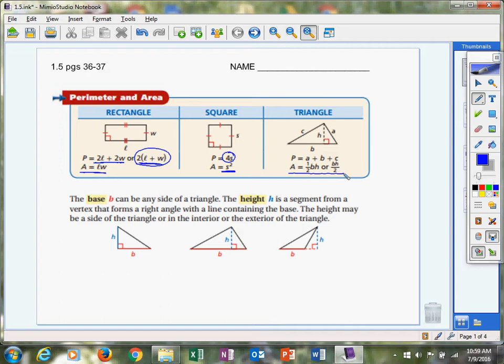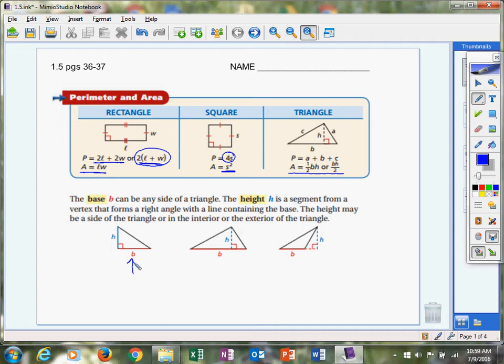All right, so as far as triangles are concerned, your base and your height, let me just talk about it. Your base can be any side of the triangle. So in this first one, they've got the bottom segment shown as the base. The height then would be the segment that forms a right angle to the base.